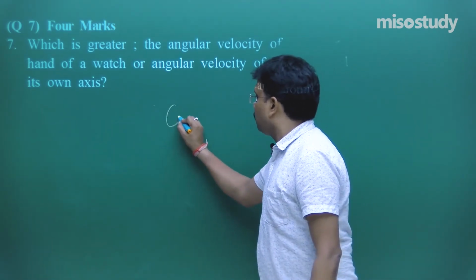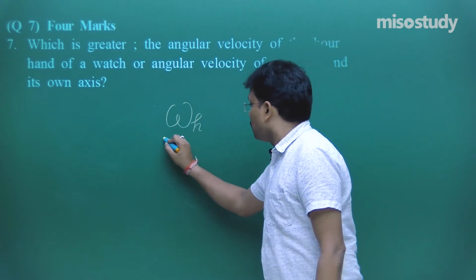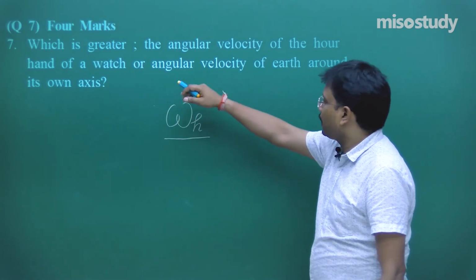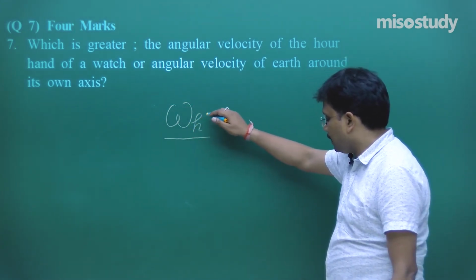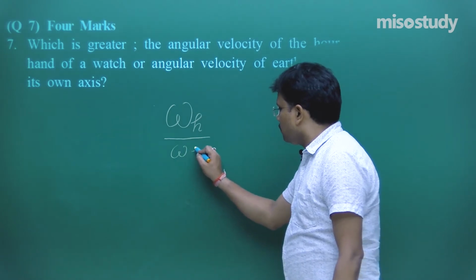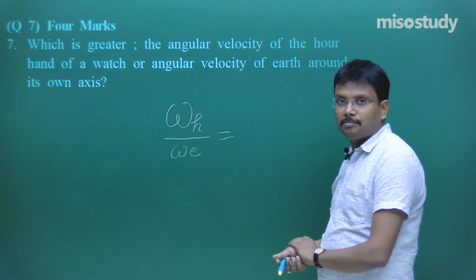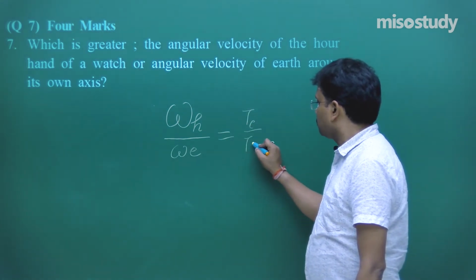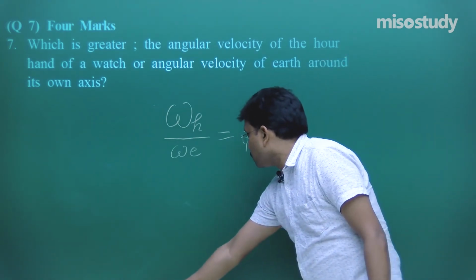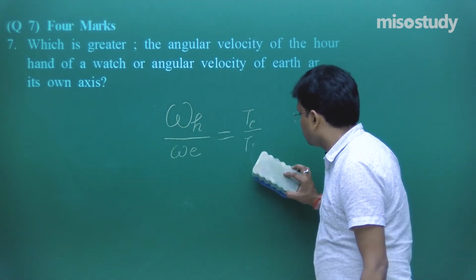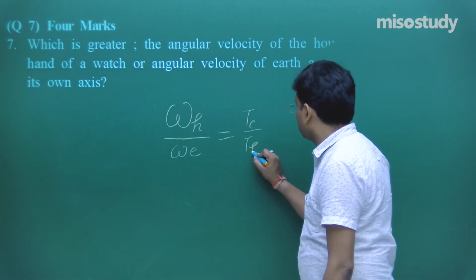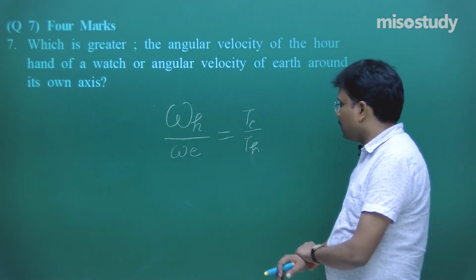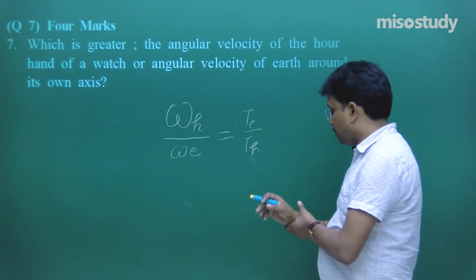So I will directly write omega H upon omega E, that is the angular velocity of the hour hand of the watch divided by that of the earth, for comparison. So omega H upon omega E is equal to T E upon T H.